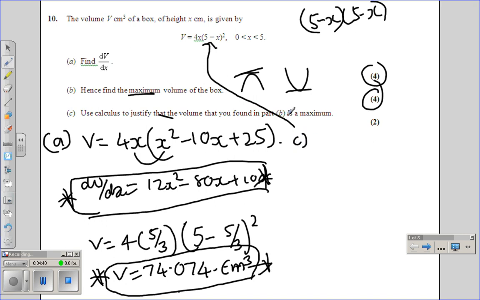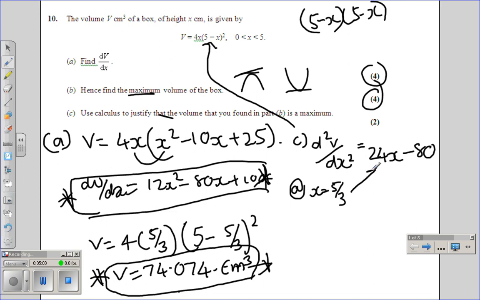Part C. Try and write small. Right, you need d2V by dx squared. That's the second derivative, and all you have to do is differentiate the first derivative. So multiply by the power: 24x, take away 80. And that is what happens when you differentiate this bit. So we need to let x equal 5 over 3.